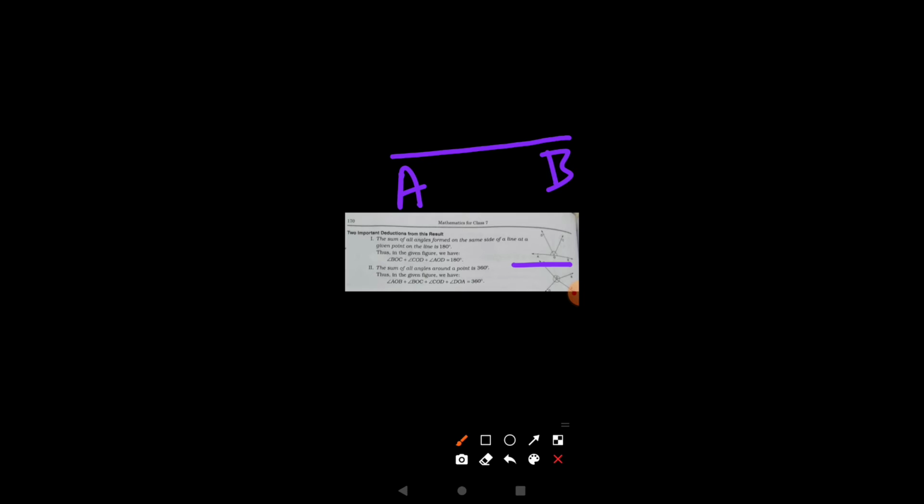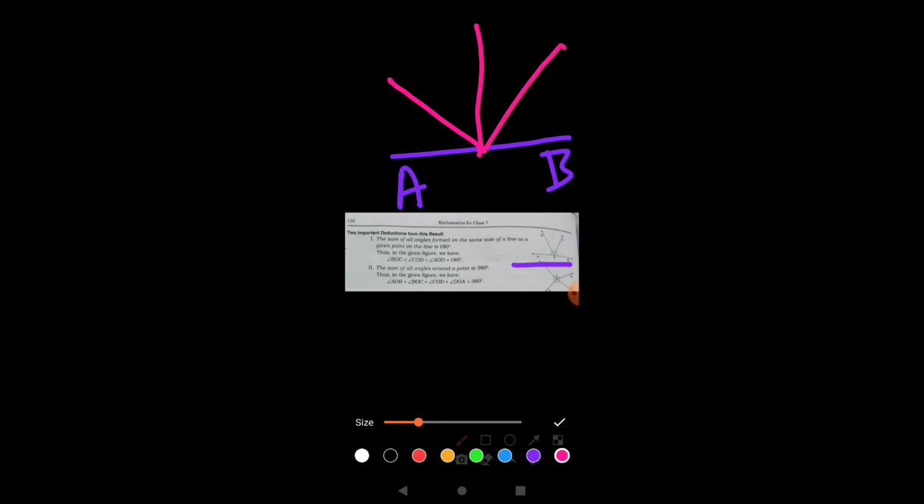There are two sides of this line, one upside and the other downside. We are taking the top side, and there is a given point on AB. Any point we can take. If we see from this point, some angles are drawn, maybe 2 angles, 3 angles or 4 angles, their sum will be equal to 180 degrees.